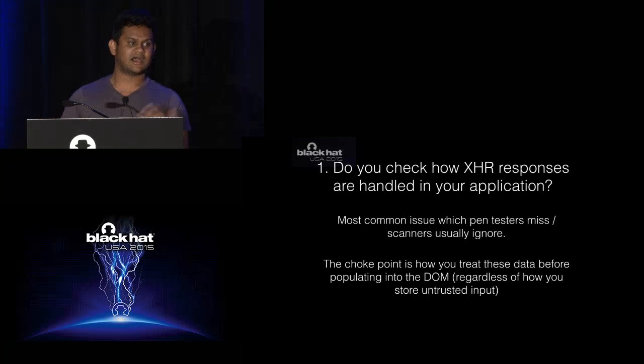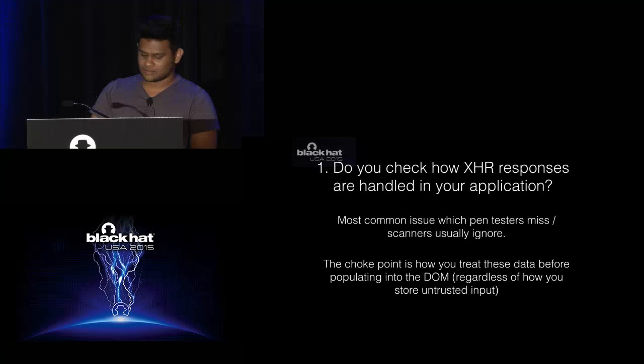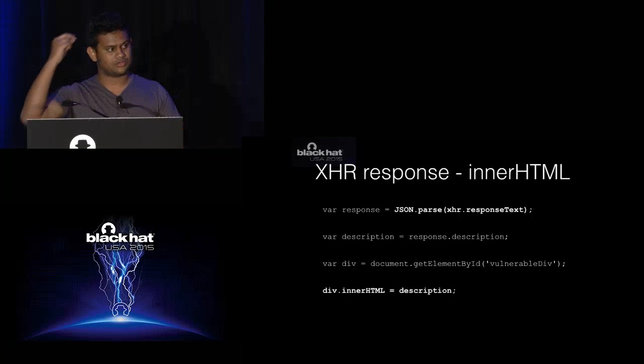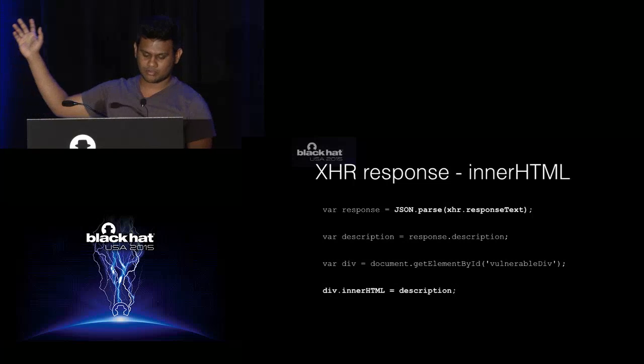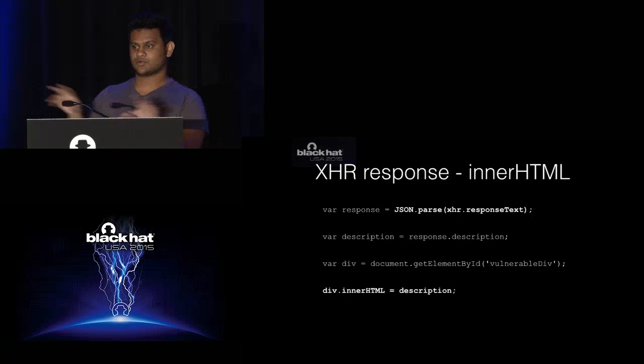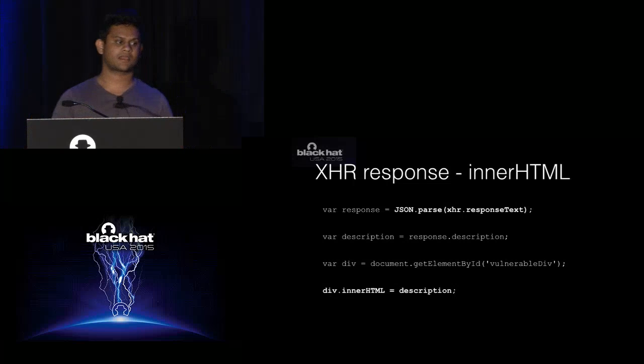Regardless of that, the ultimate choke point is what your JavaScript is doing before pushing it to the DOM, right? An example for that would look something like this. So you get a response. This is a second order DOM XSS. You do a JSON.parse on your response, you take a certain part of your response and then push it into the DOM, right?